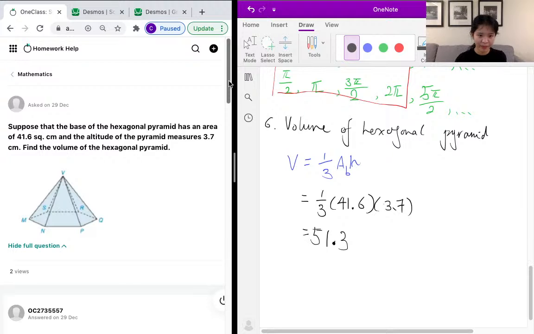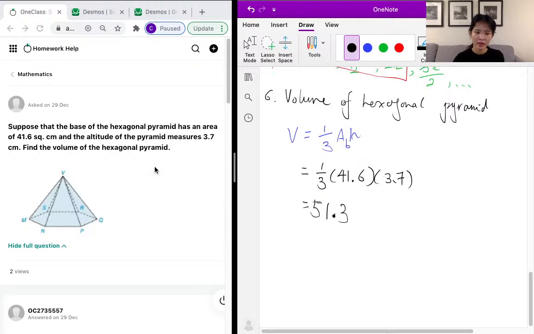So let's see. Yeah, so this is just the volume of the hexagonal pyramid, and let's say the volume of the hexagonal pyramid is 50.13 centimeters cubed.